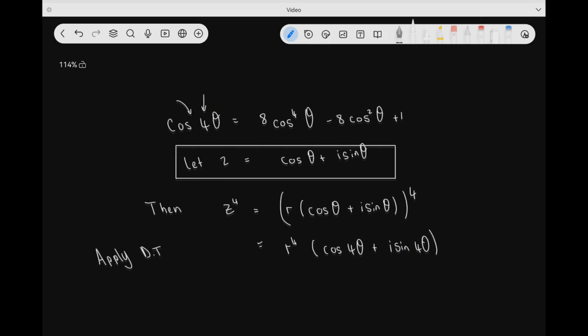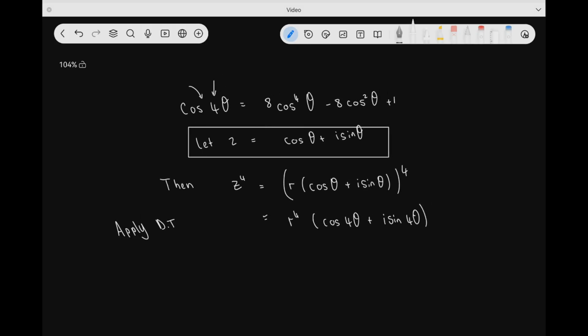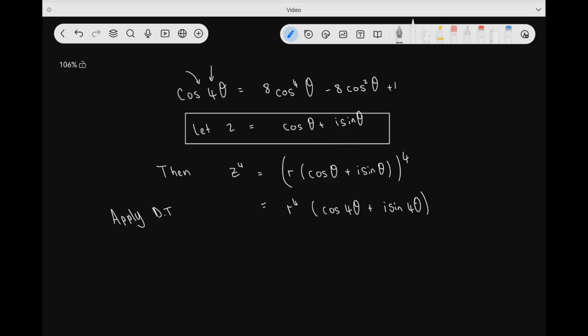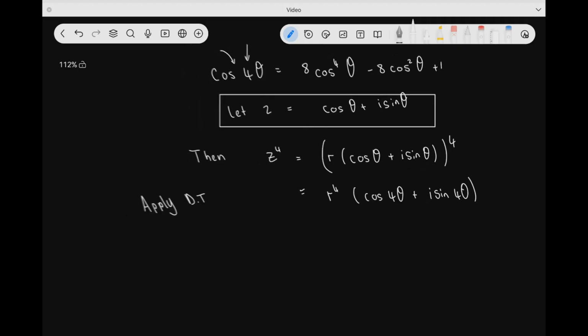Okay, so what we can do now is apply the binomial theorem, and then try to isolate the cosine, because looking at our initial problem, it only consists of cosines. So at some point we're going to have to take all the sine values and make them cosine values. So let's see if we can do that.